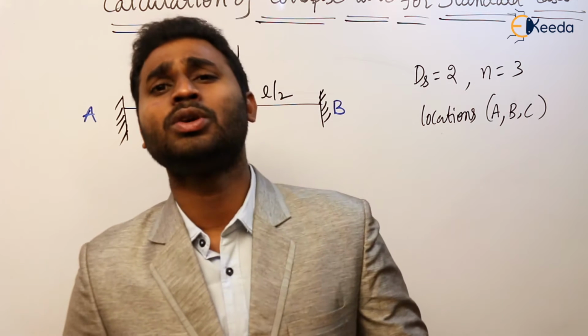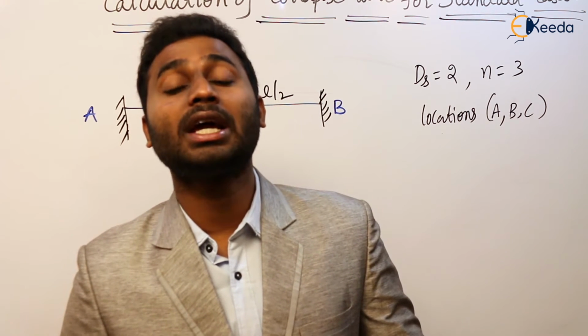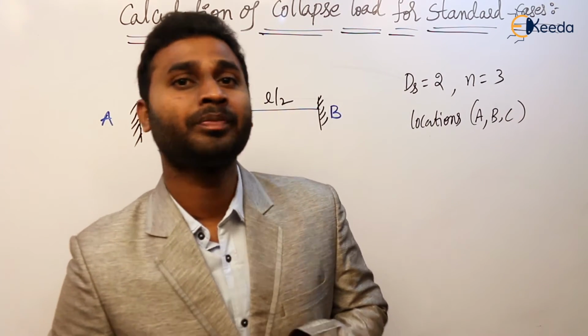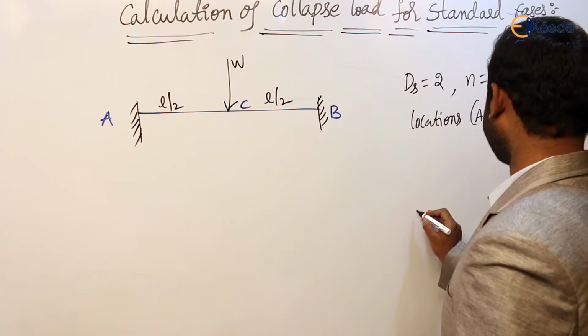So to decide that, we have to first go to the bending moment diagram for a fixed beam. So for a fixed beam with center point load, how is the bending moment diagram?